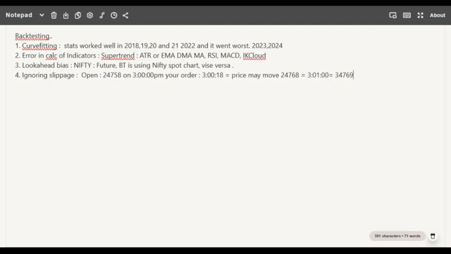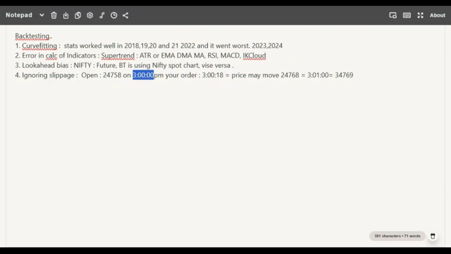Between this 1 minute there are 60 seconds, and anything can happen in 60 seconds in the market. You all know better than me. So you cannot ignore this. This is like ignoring slippage. This is not slippage, this can be slippage. I hope you got my point. What I'm trying to convey is that anything can happen in between.